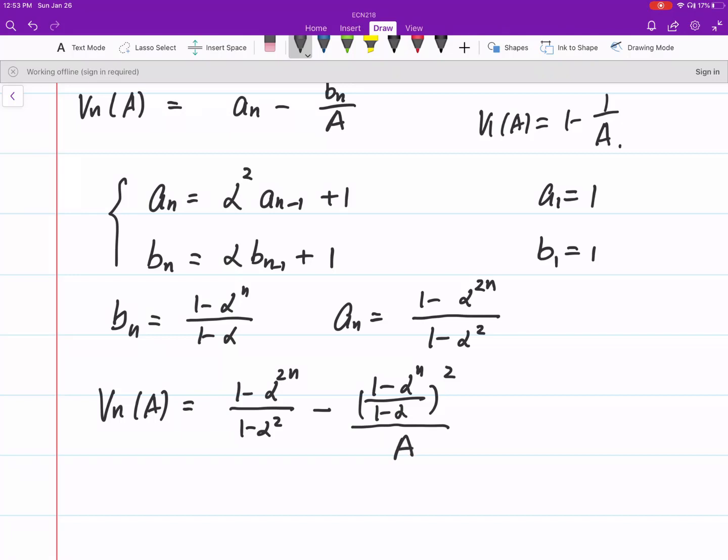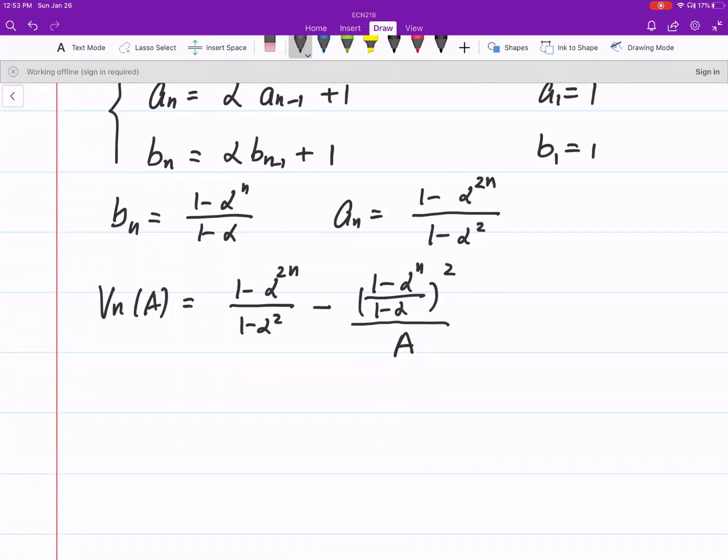That's what we have. Or if you want to swap back to the square root of beta for alpha, then we have 1 minus beta to the n over 1 minus beta, and minus, when you have a compound fraction, it's probably better we actually try to bring it down.